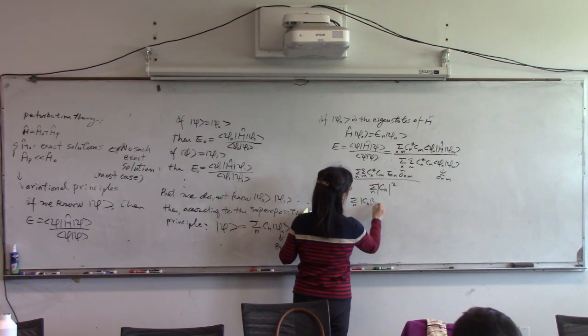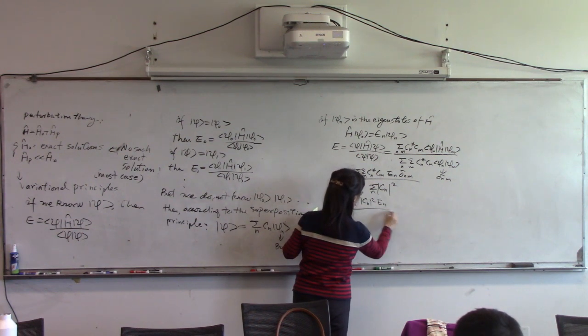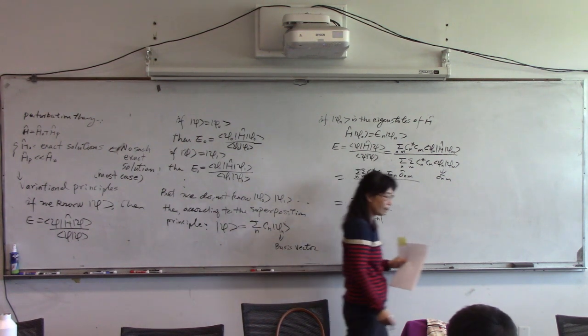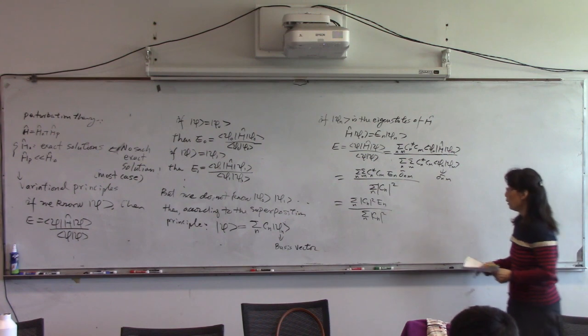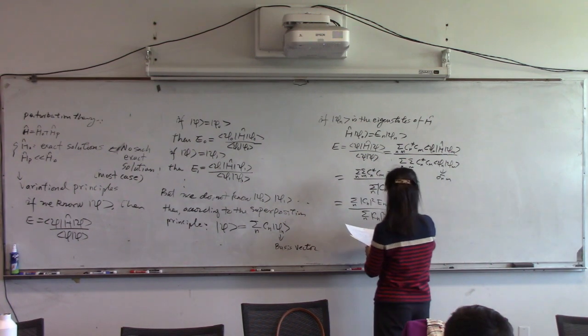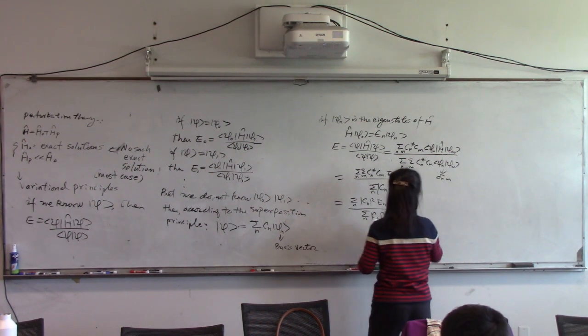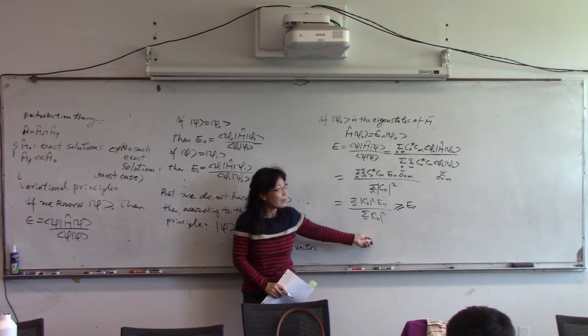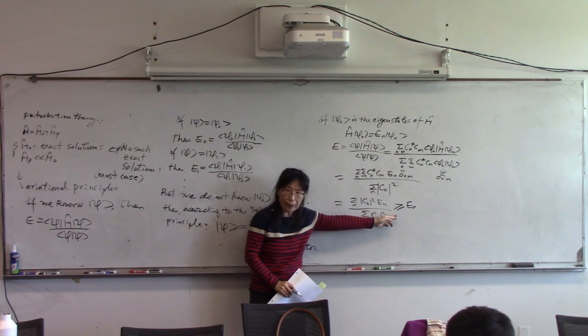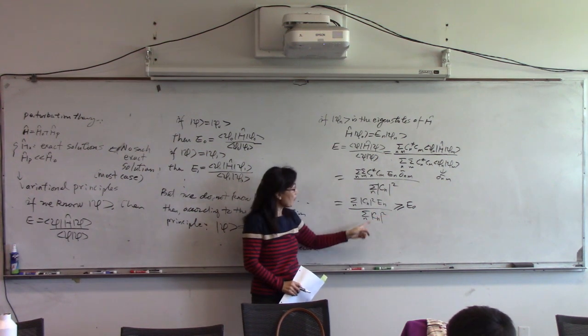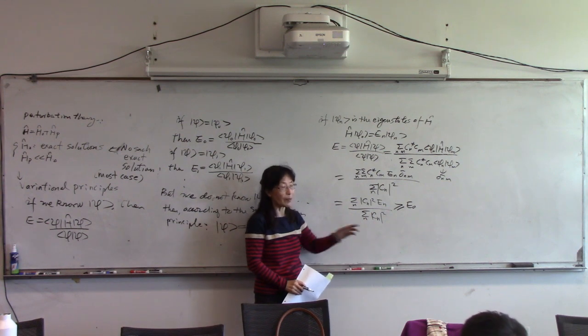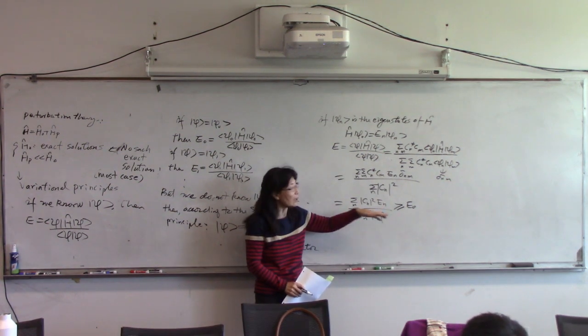So now let's look at this result. What is this? If you agree, this value must be equal to the ground state energy or must be larger, depending on this coefficient. The coefficient gives the probability to find energy in a different level.